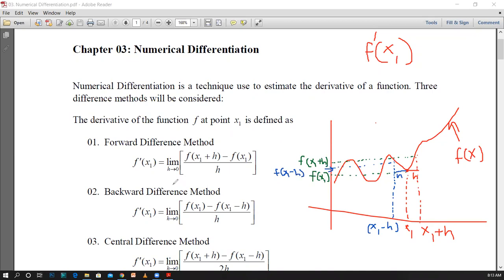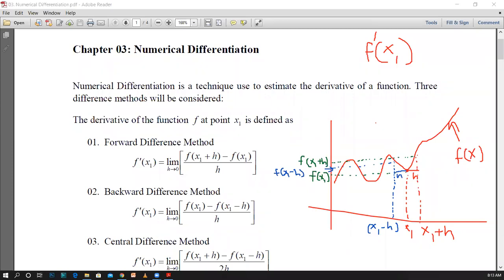Using those two values, we can define the backward difference method as f(x1) minus f(x1 minus h), divided by h, where h is a very small distance, and we send h to 0 to obtain the derivative at the point x1.